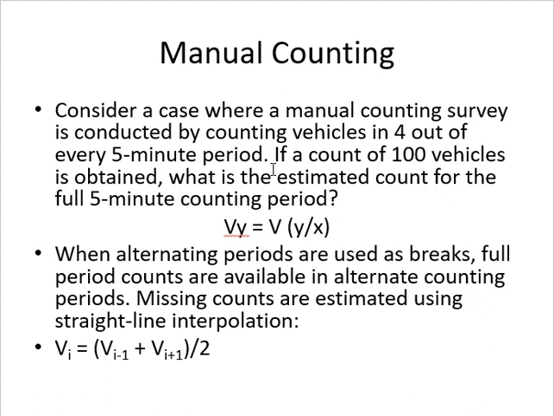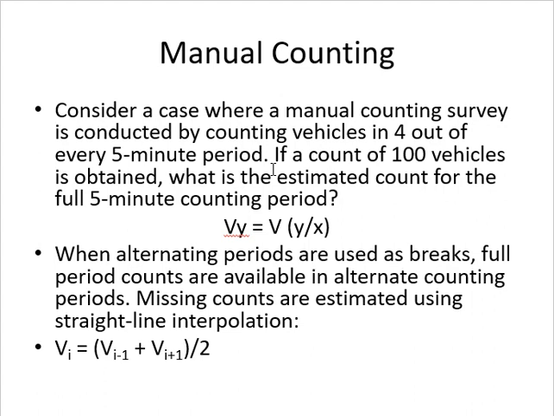So if he gives you a value, he is giving you a value for 4 minutes. How do you convert it to 5 minutes? For example, he gave you a value 100 in 4 minutes. So how many in 5 minutes? 100 over 4 times 5.